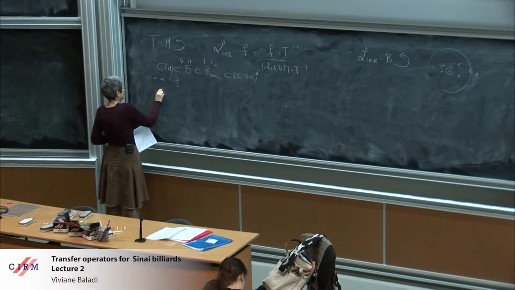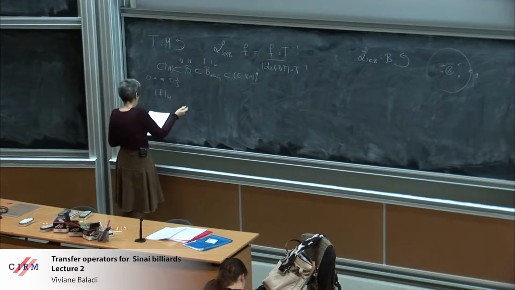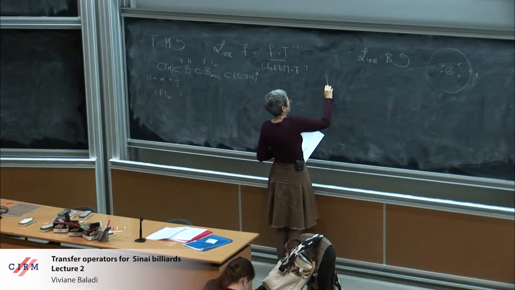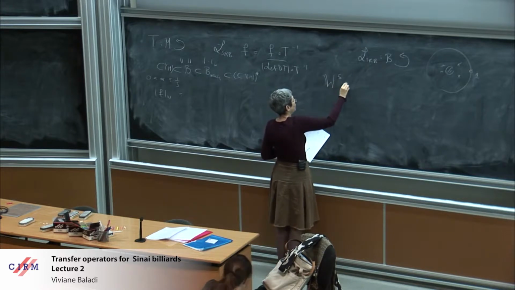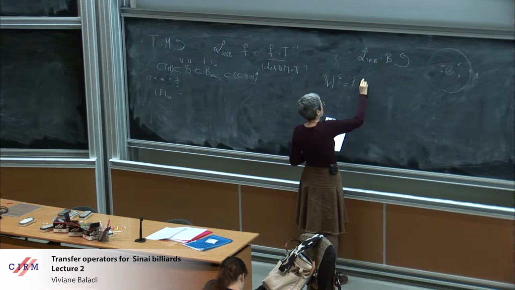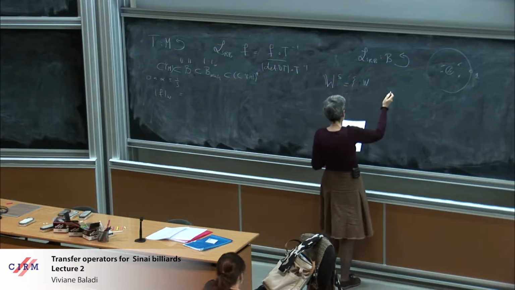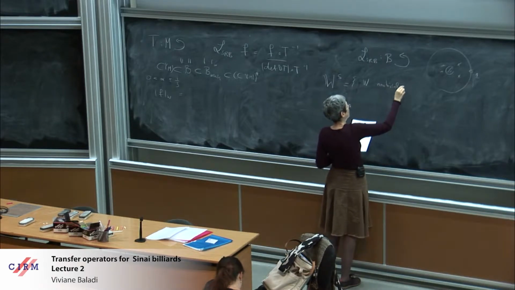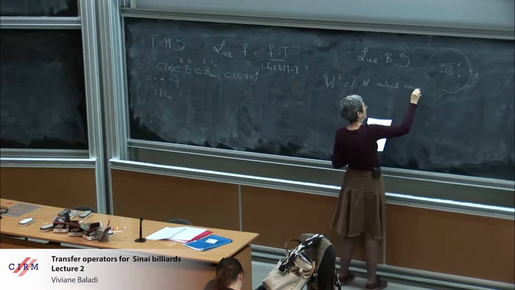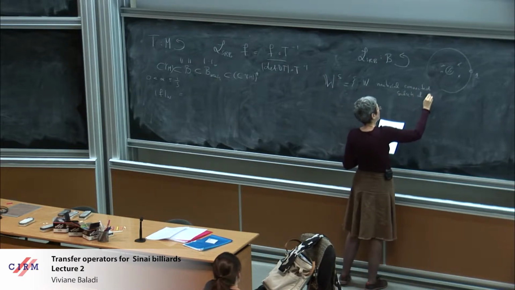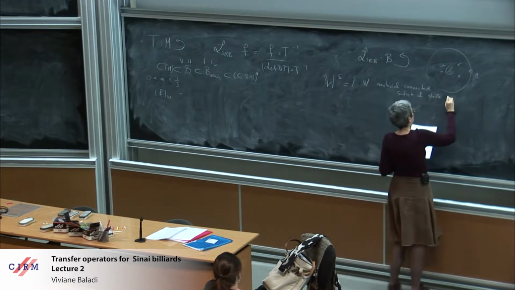So what is a weak norm? I defined the space WS. These are the curves W, which are non-trivial, so not reduced to a point, connected subsets of stable manifolds.